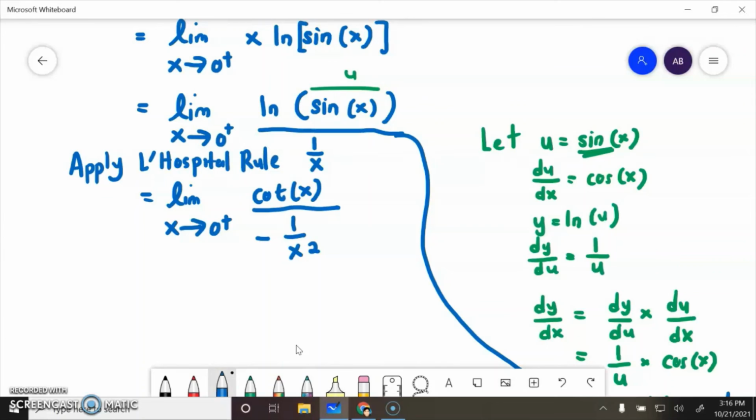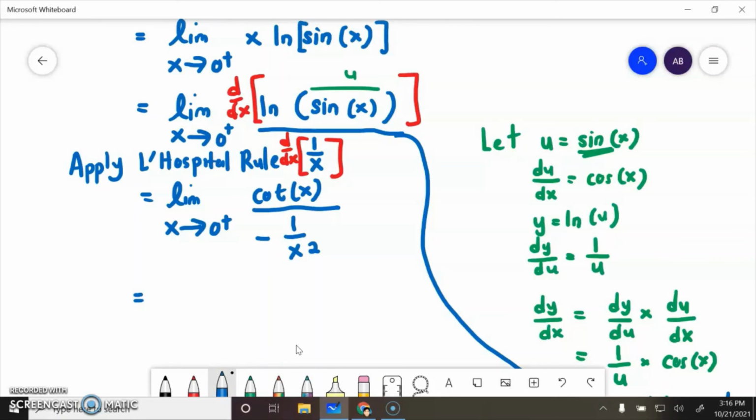What is L'Hopital's Rule? You take the derivative of the numerator as well as your denominator. That's what happened here.